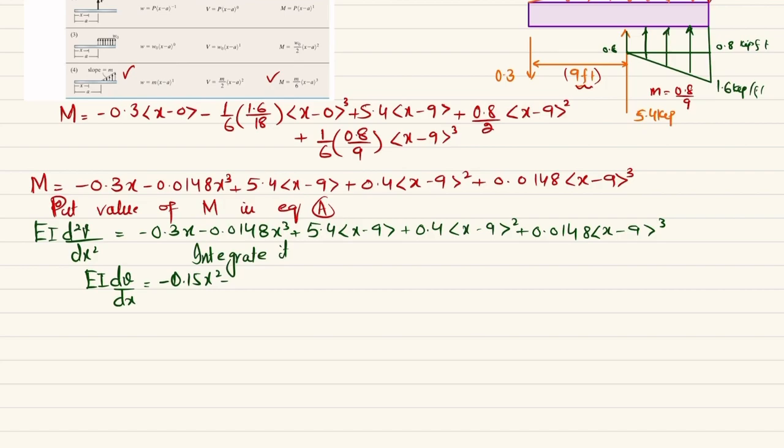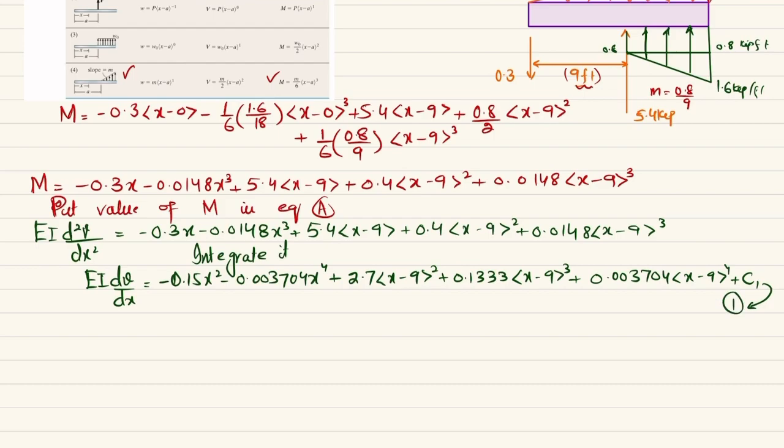The second term minus 0.0148 x power 4 divided by 4, and this will give you 0.003703704 x power 4 plus 5.4 into x minus 9 power 2 divided by 2, which is equal to 2.7 into x minus 9 power 2 plus 0.4 into x minus 9 whole cube divided by 3, which will be equal to 0.1333 into x minus 9 power 3 plus 0.0148 x minus 9 power 4 divided by 4 will be equal to 0.003704 into x minus 9 power 4 plus C1, which is the constant of integration.